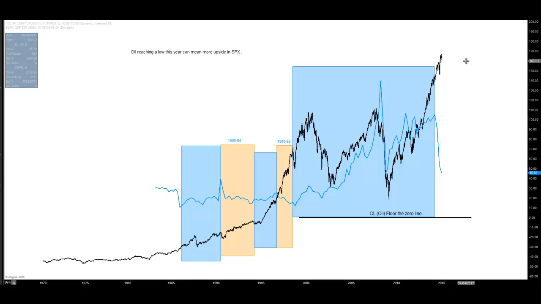So I feel very comfortable looking at this almost 30-year data, seeing that oil trades with a zero line, or a floor, over here.